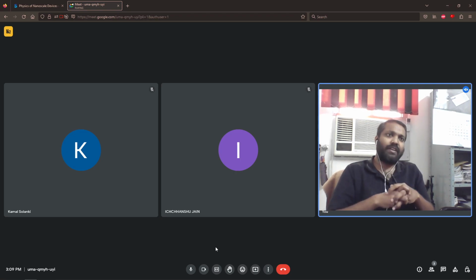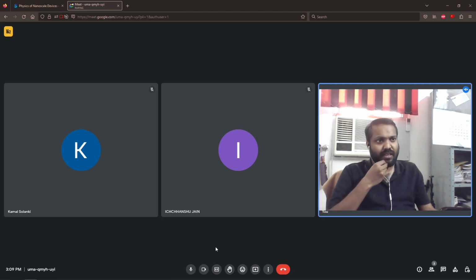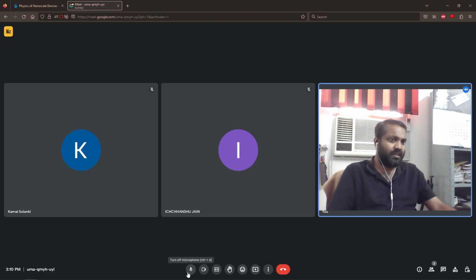I'll try to cover all the relevant details, and as promised in prior weeks, I have a few papers and review articles that show some of the principles we have been discussing in action, at least insofar as simulated device performance goes. In the last part of today's discussion, I shall be focusing on those papers. They are in no way directly connected to this course, but it is just to give a flavor of where the things we are learning in this course are being applied. Okay, so with that, let us begin.